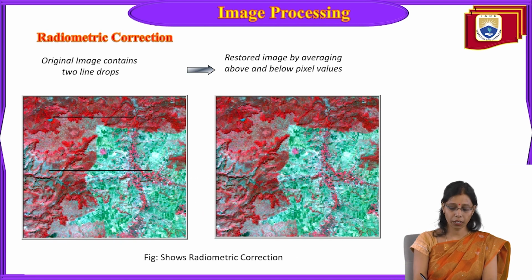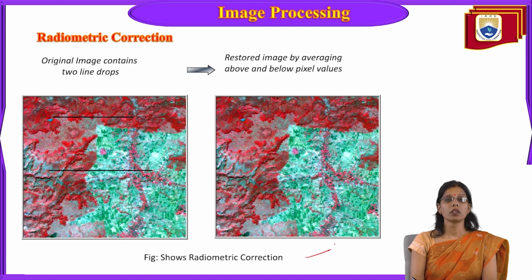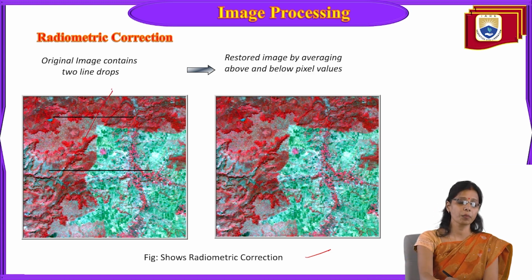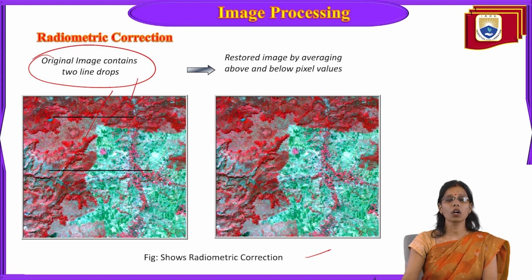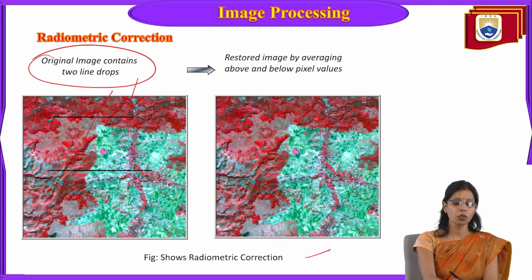This is the image we are talking about, for radiometric correction. This is the initial image, the original image. Original image means the raw image captured by the satellite. Due to atmospheric effects like scattering and absorption, and the presence of a lot of particles in the atmosphere, the raw image looks like this.